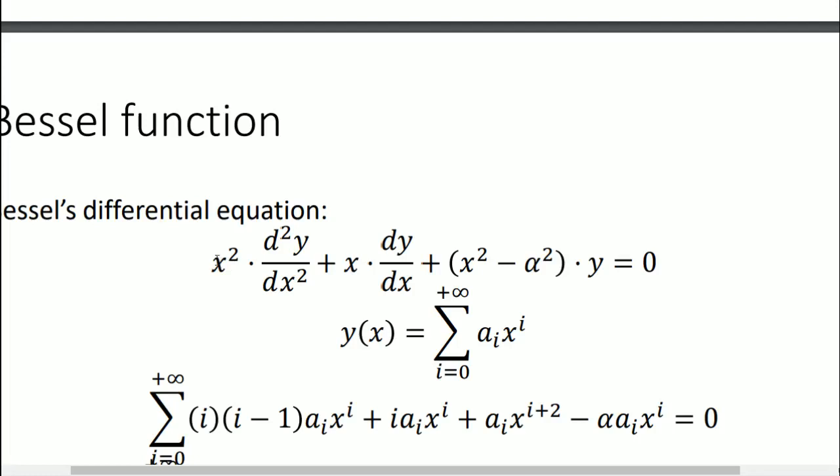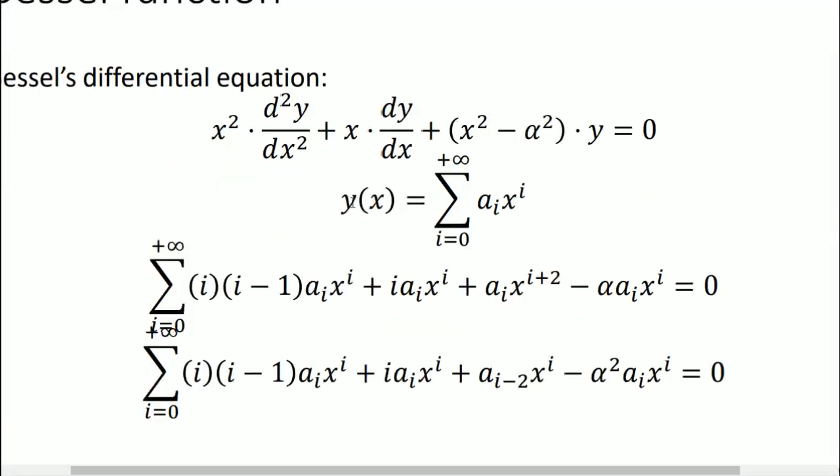At first, we can also note that there are two versions. You can also divide every term by x squared, so you get the second differentiation of y with no coefficient in front, but it's strictly equivalent. And so we have this equation.